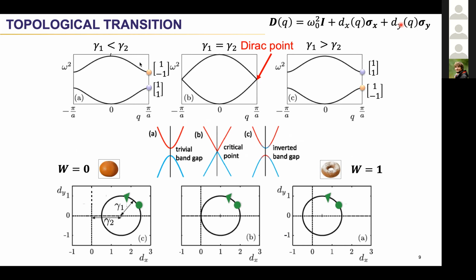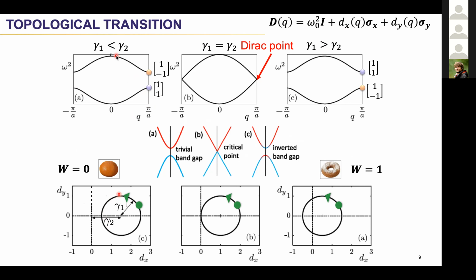Since in the dispersion diagram, the negative wave number at this point is equivalent to the positive wave number at this point due to the periodicity of the Brillouin zone, what we have is that if we sweep all the wave numbers from this point to this point, the vector D forms a loop in the XY plane.